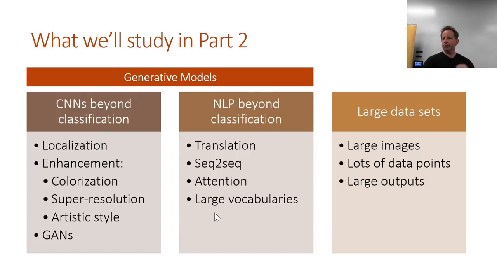Whereas the outputs of a lot of the stuff in part 2 are going to be like a whole lot of things, like the top left and bottom right location of every object in an image along with what the object is, or a complete picture with the class of every single pixel in that picture, or an enhanced super resolution version of the input image, or the entire original input paragraph translated into French.